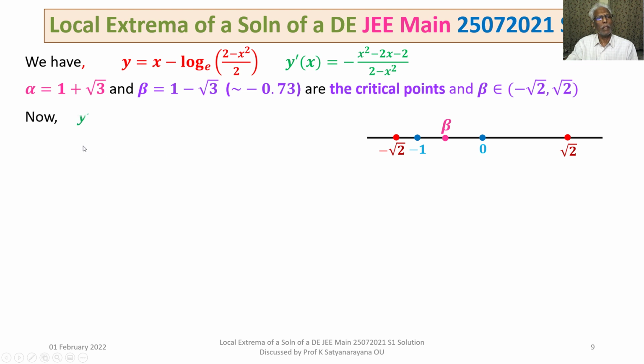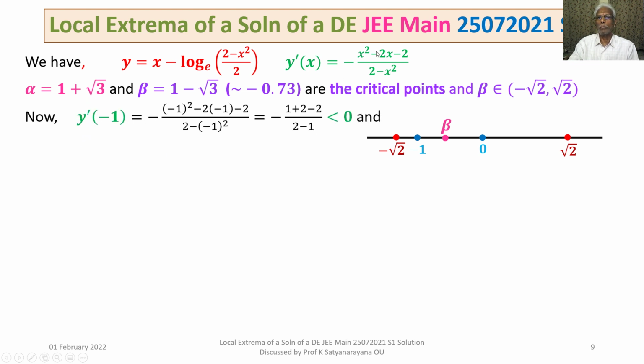So we will calculate now y prime at minus 1. We have substituted x is equal to minus 1, and we have evaluated and we have found it is negative. So at minus 1, y prime is negative. y prime at 0 we have computed, and that is greater than 0.